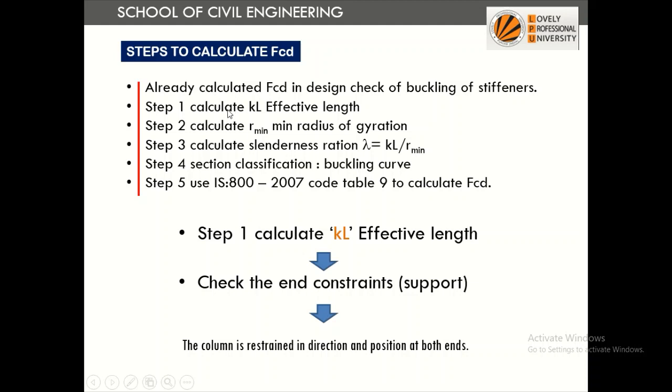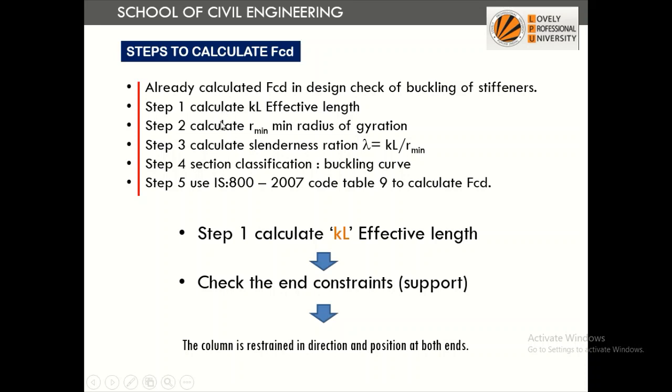So these are the steps, very simple one line steps. See, these steps we have already done when we were designing stiffeners, right? So this is nothing new for us. So first thing is we calculate effective length, then we will calculate radius of gyration. Radius of gyration we have already done in the days of first semester, probably in the days of mechanics.